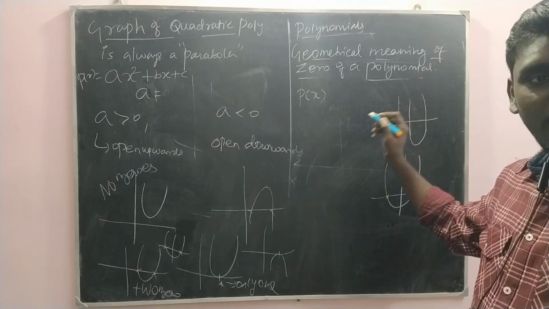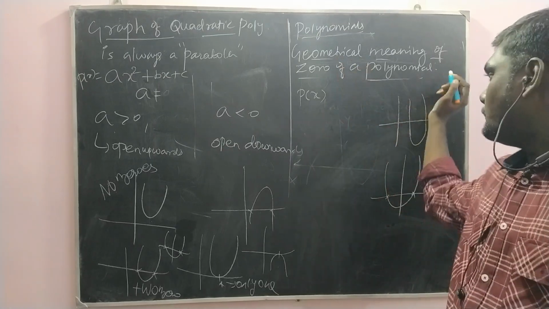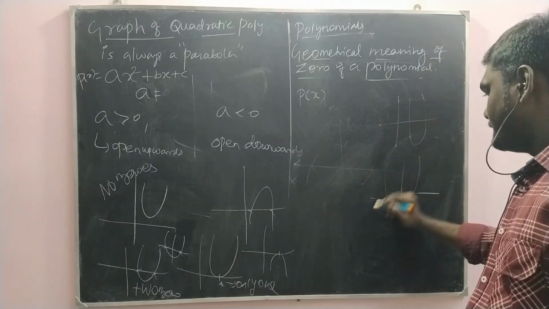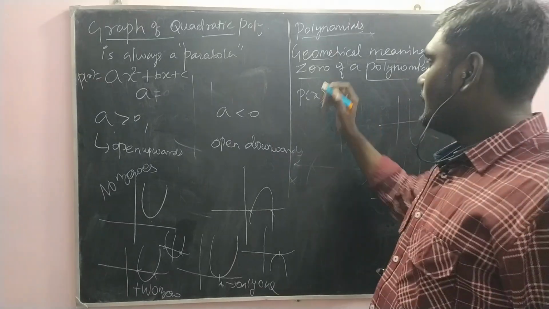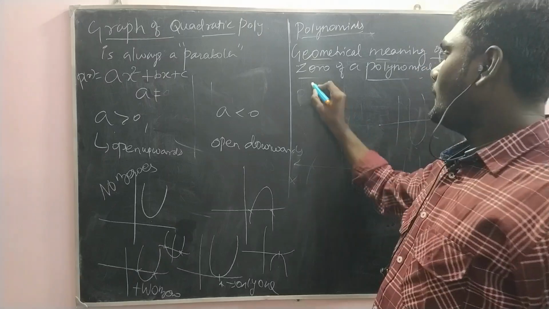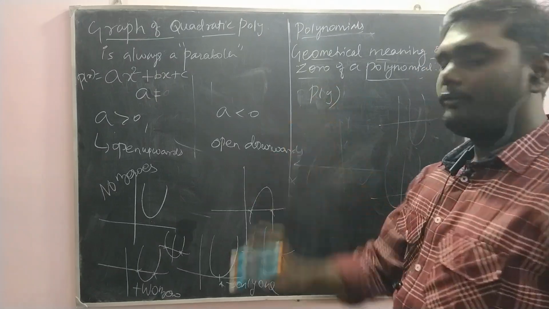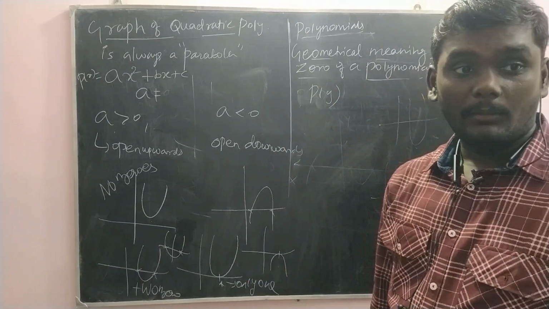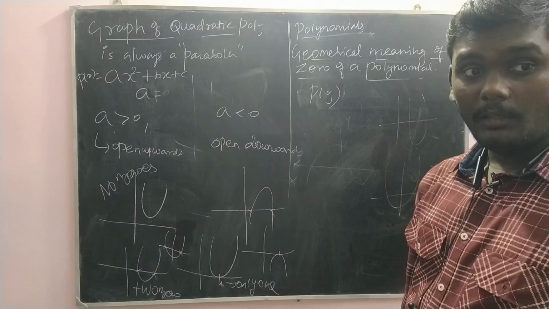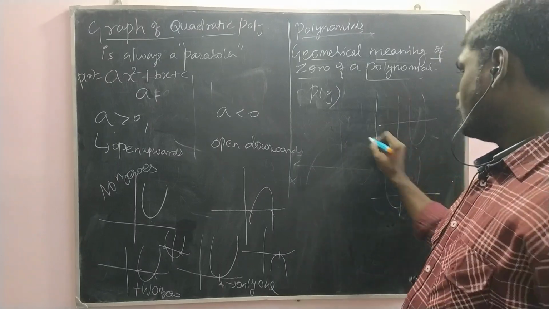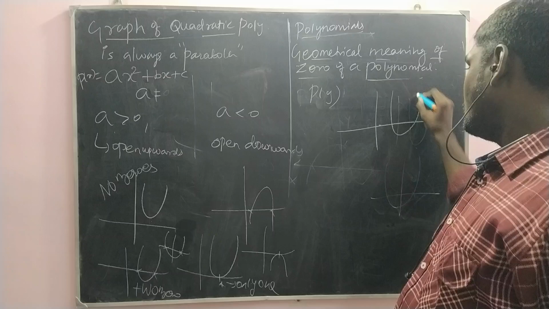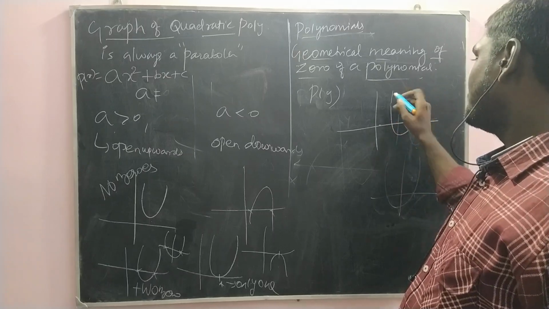Now we'll have some twist. You understood the concept, right? Suppose the polynomial is termed as P of y. Now, how many zeros does this polynomial have?